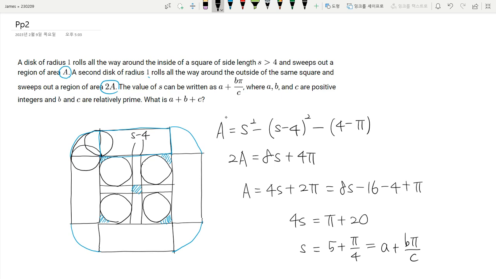When you compare these two expressions, a is 5 and b is, c is, so that means the sum is 10.